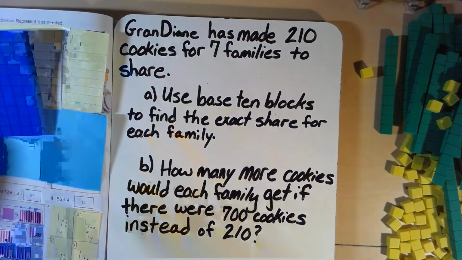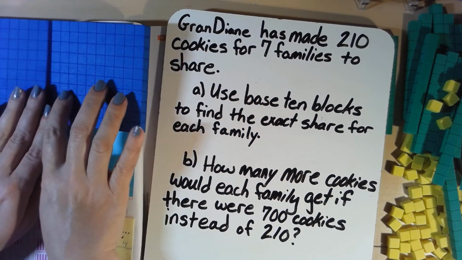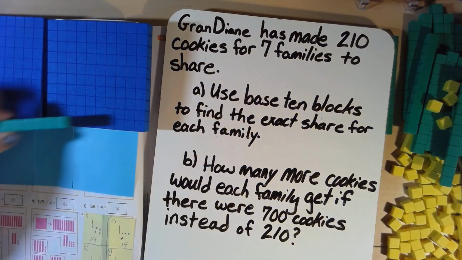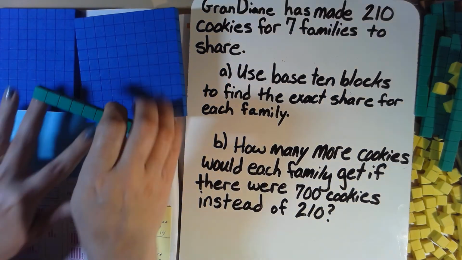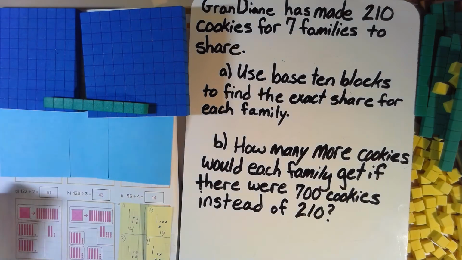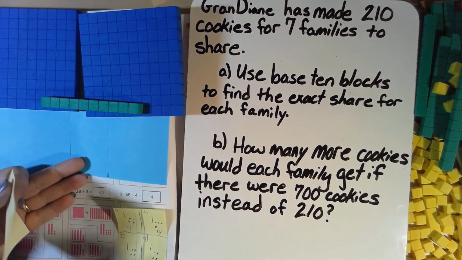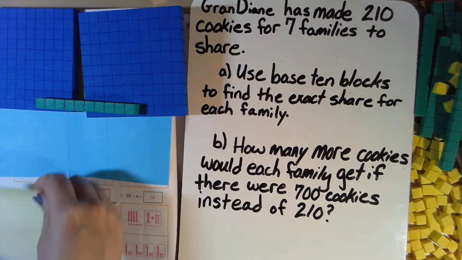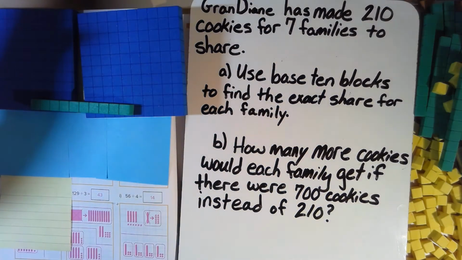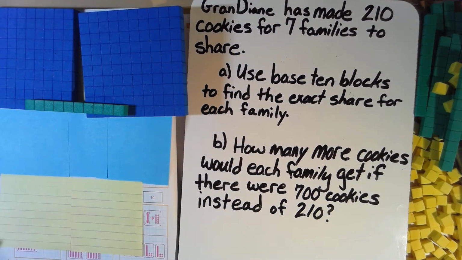So I'm going to have 210 cookies, but I need to put it into 7 equal groups. Oh my goodness, 7 equal groups. Let's try this on paper. I love Post-its. Here we go. So I need 7 groups.